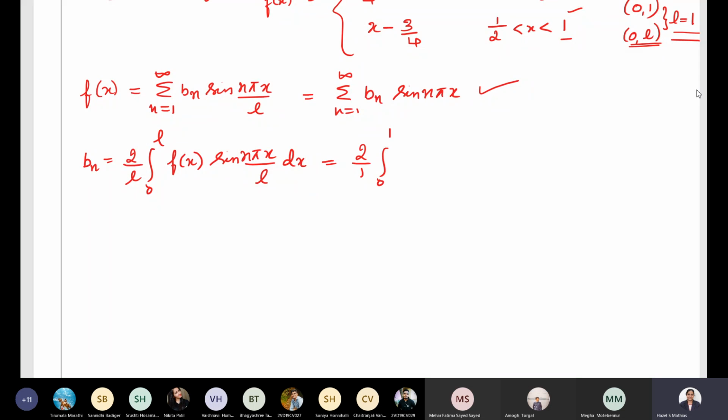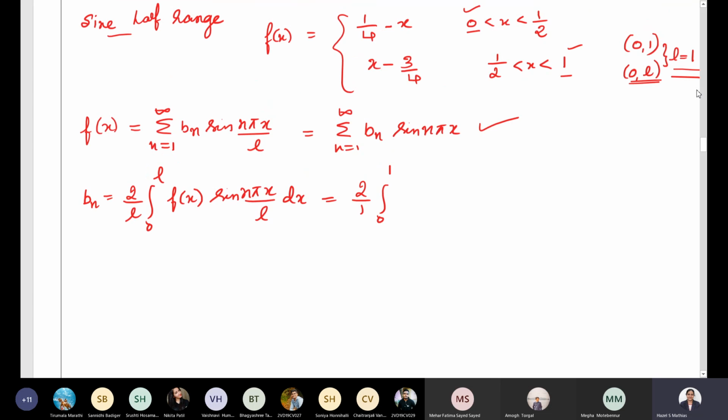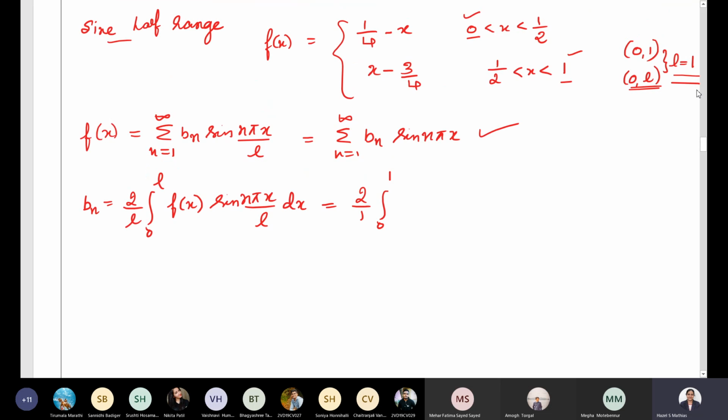What is f of x? Now check. Where is 0 to 1? See here 0 to 1, but it is split into two parts. So the integral also let us split into two. First part is from 0 to half.